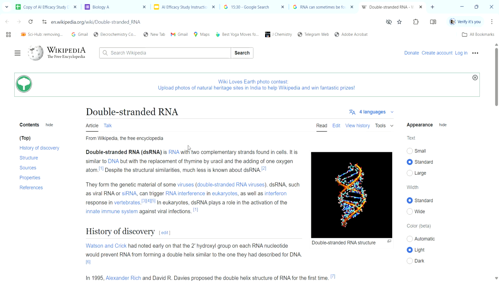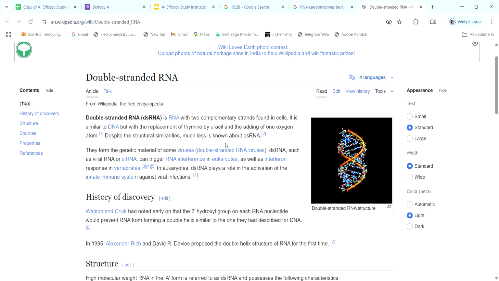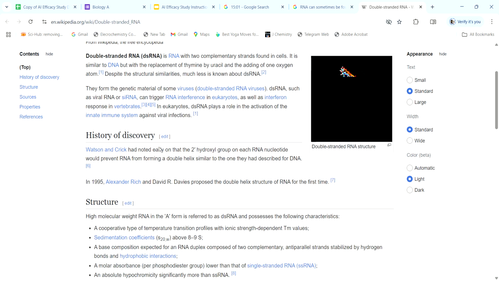Double-stranded RNA is RNA with two complementary strands. This picture is given here, found in cells. It is similar to DNA but with the replacement of thymine by uracil and an additional oxygen atom. Despite the structural similarities, much less is known about double-stranded RNA. They form the genetic material of some viruses.